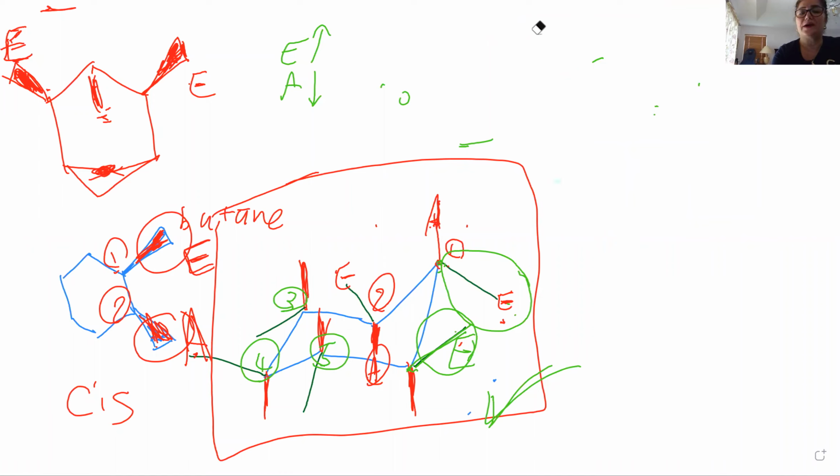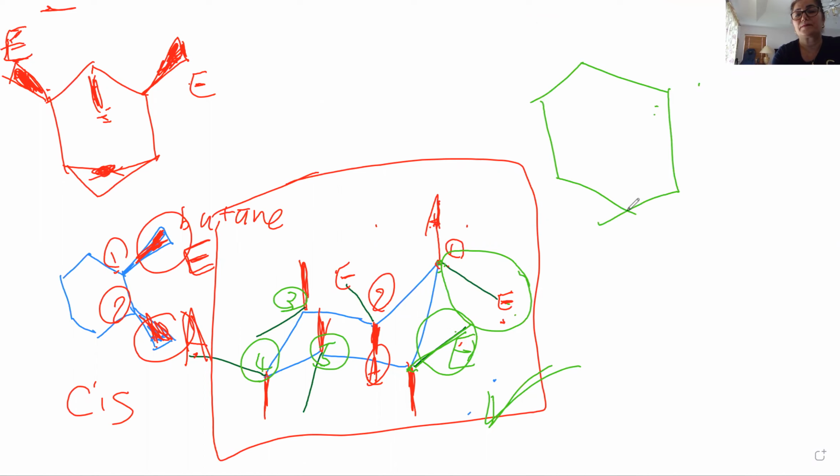Let's say I have this structure for cyclohexane, with a CH3 here, just a line, CH3 there, and a CH3 here.